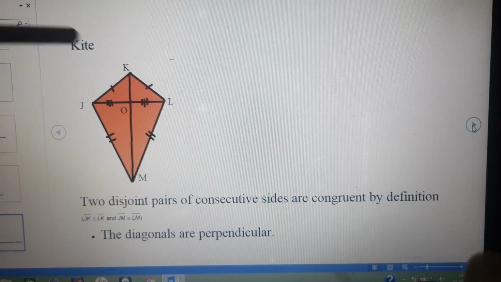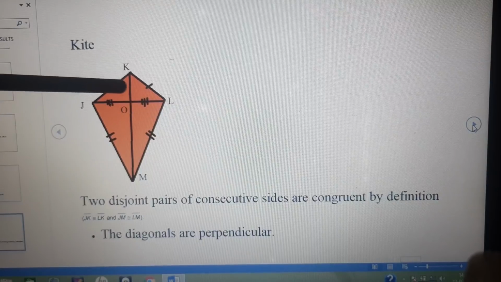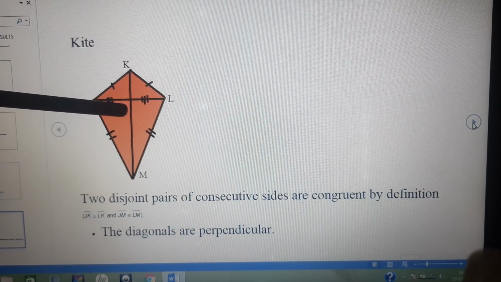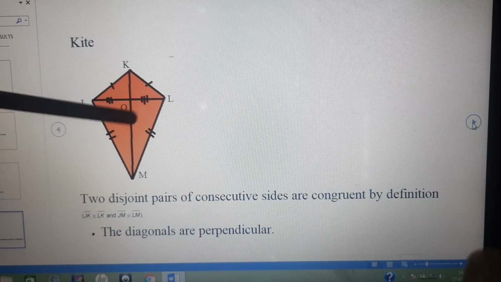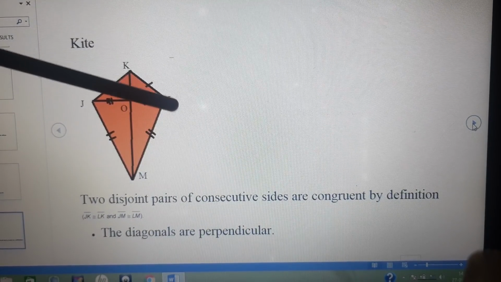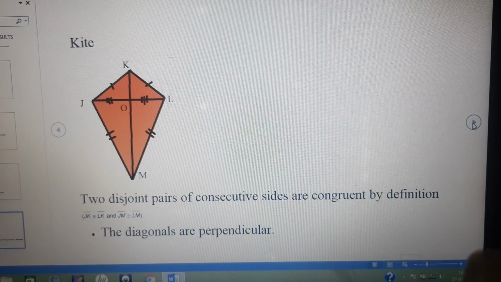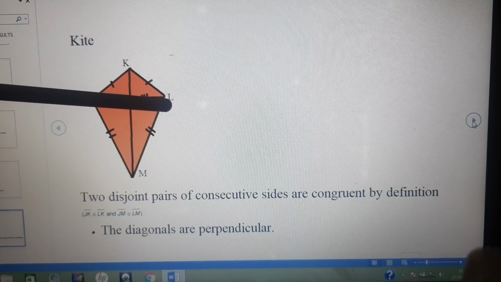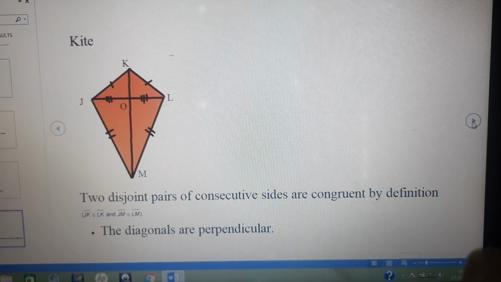It means angle KOL is 90, and because KOL is 90, so this angle will also be 90, this angle will also be 90, this angle will also be 90. As KJ and KL are equal, are you getting it? So it is an isosceles triangle. KJL is an isosceles triangle. Fine.